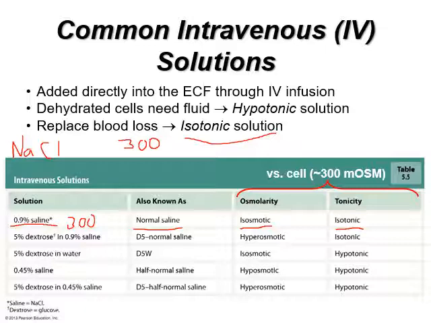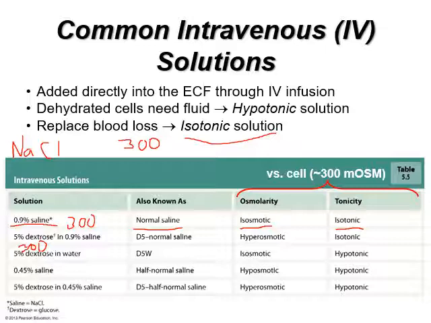Let's look further down. 5% dextrose in 0.9% saline, normal saline. I will let you know that 5% dextrose, if you did the osmolarity calculation, would be 300 milliosmoles. Okay?